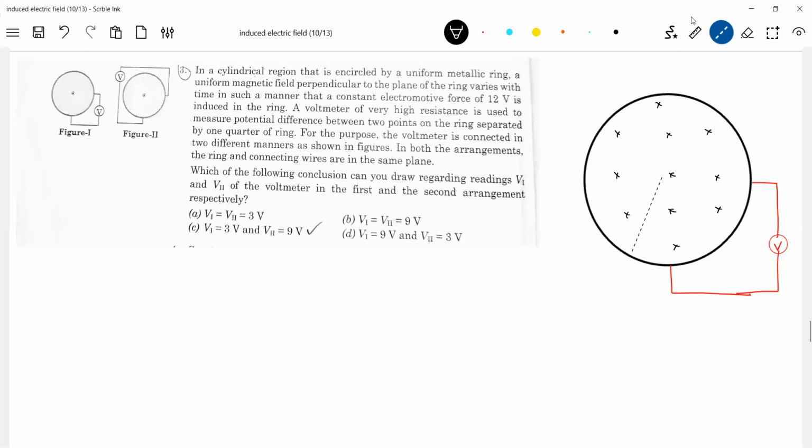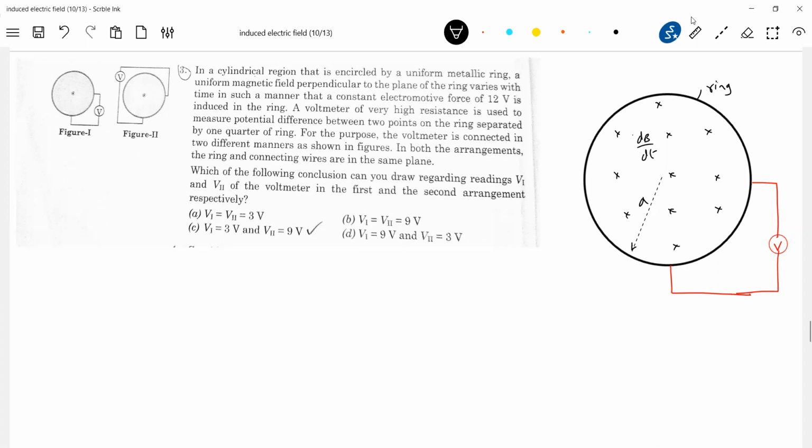Now, what is the method? B bar is varying. Okay, look at C now. The B bar varying in this magnetic field region, will it produce an induced electric field only in that circular region of radius C or beyond that? Yes, it will produce it, no?